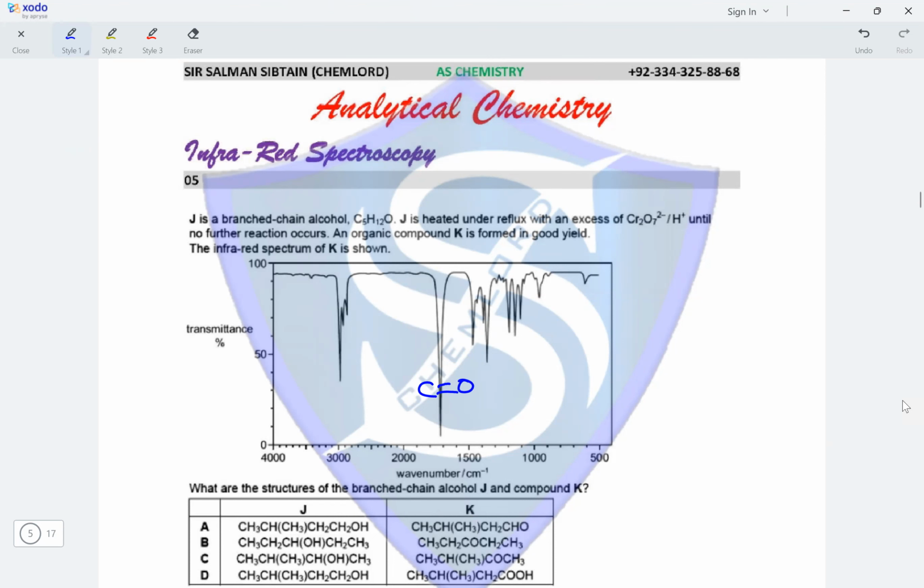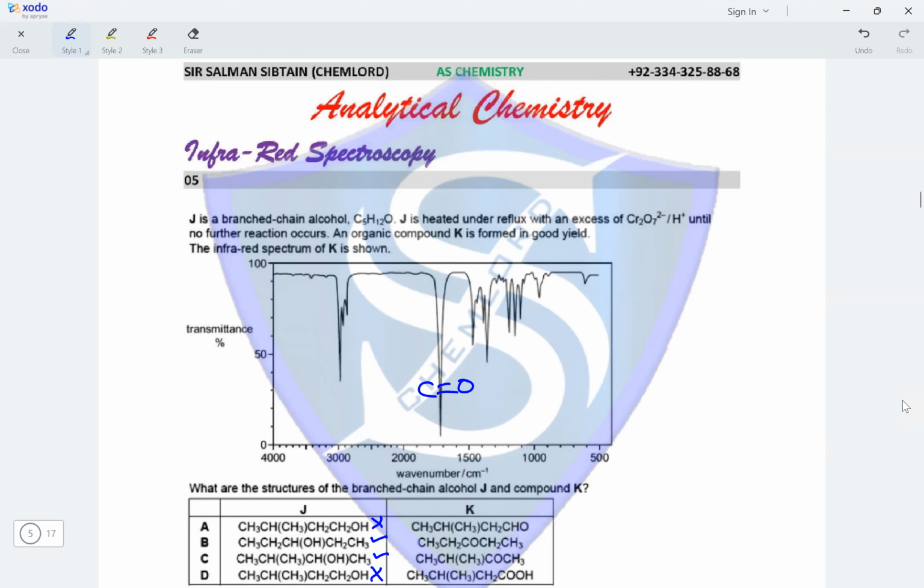In the case of J, option A has a primary alcohol, which would be incorrect. Option B has a secondary alcohol. Option C has a secondary alcohol. And option D has a primary alcohol. So options A and D get eliminated.